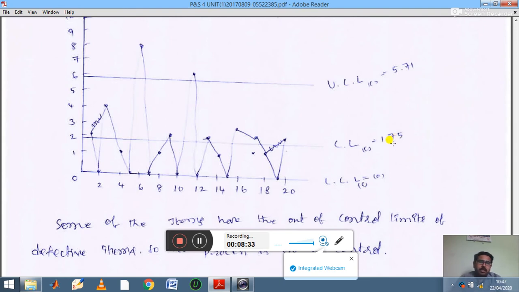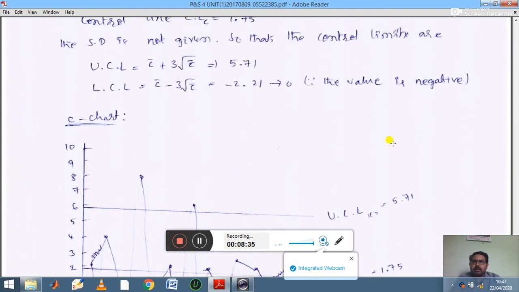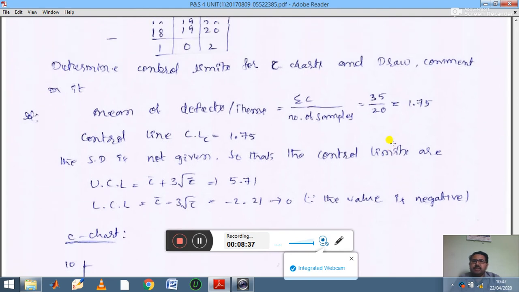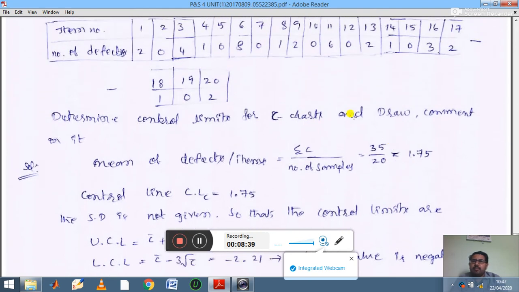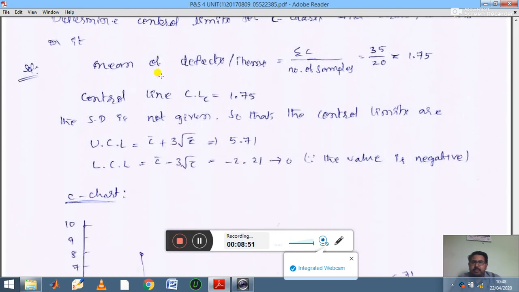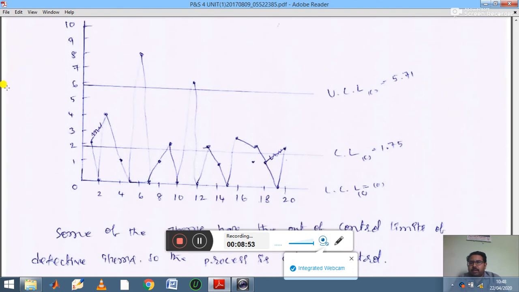Then you go with the plots, meaning the sample numbers and corresponding C values you need to mark here. When the sample number is 1, the number of defectives is 2, so the C value is 2. When the sample number is 2, the C value is 0. Like that you make a point. Sample number 1 is approximately here, with C value 2.